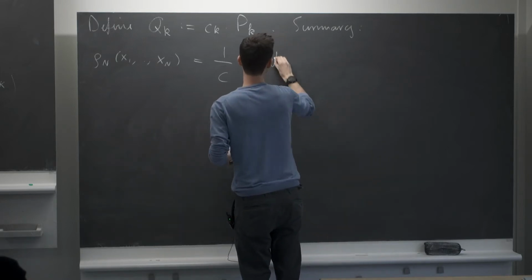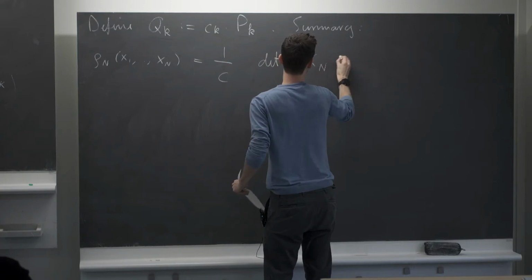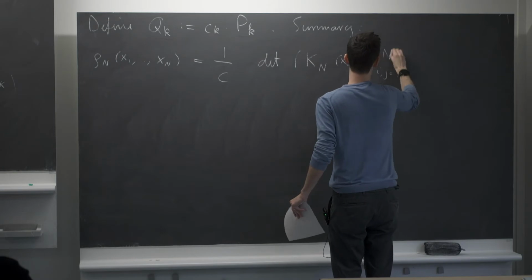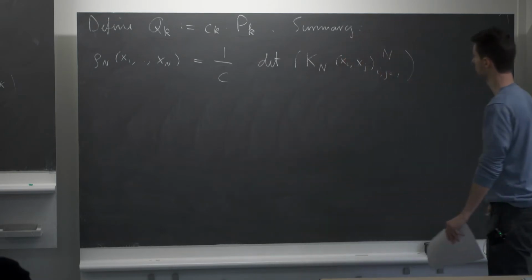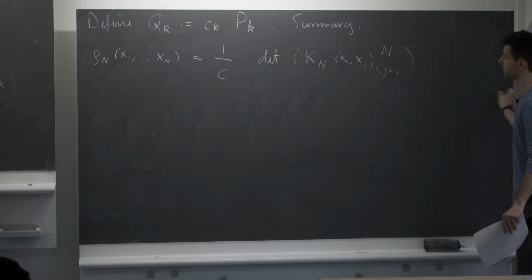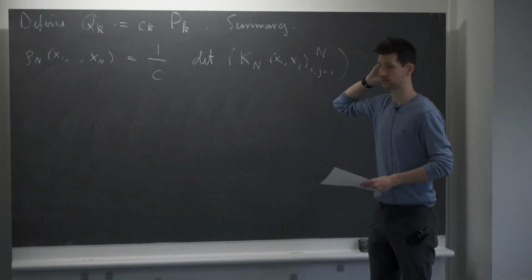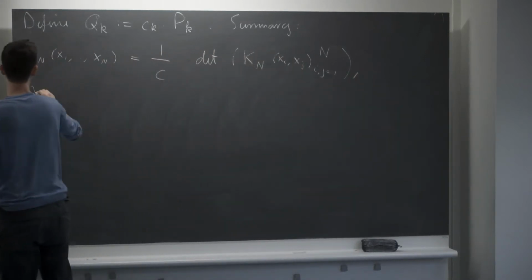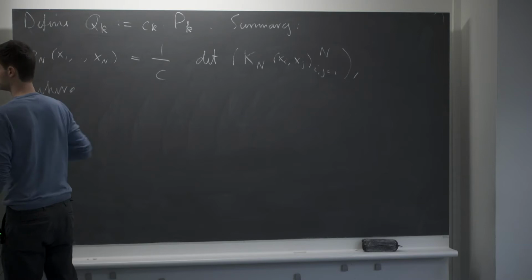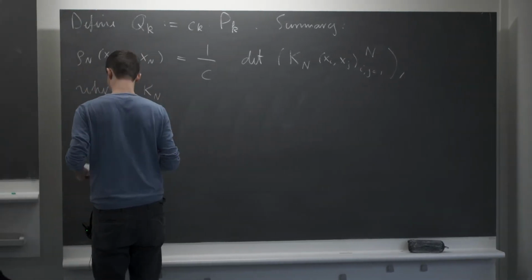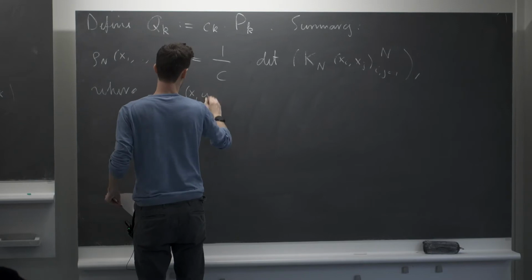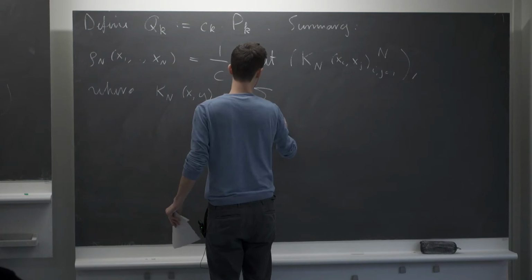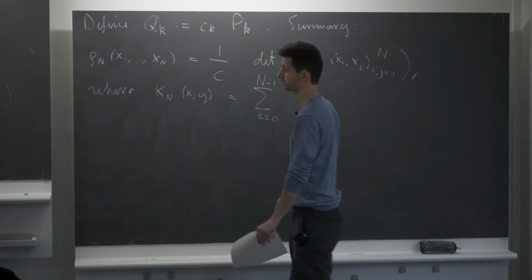And this is equal to the determinant of this matrix, where I put in the arguments xi and xj, and where kn was this guy. So kn, I can define kn, it's a function of x and y, and it was equal to the sum, k goes from 0 to n minus 1.